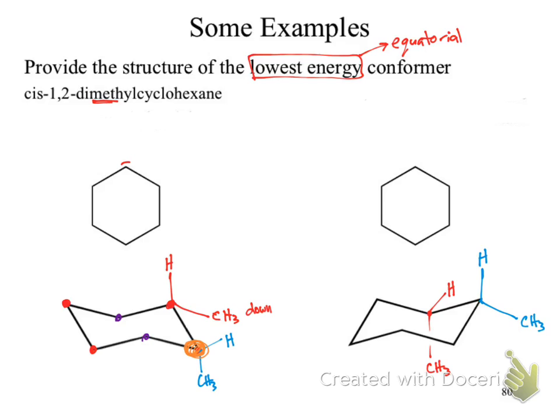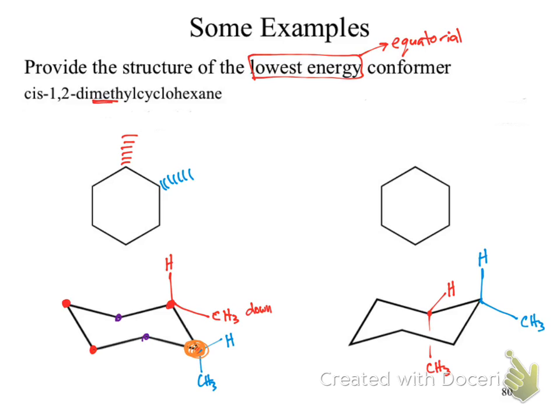Dash them. Okay. So are the chairs still cis? Well, this one's down and that one's down, right? The CH3, down. They're both down. That's still cis. How about with this one? What happened? CH3 is down, down.